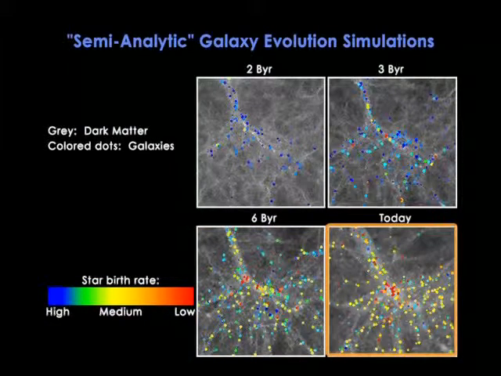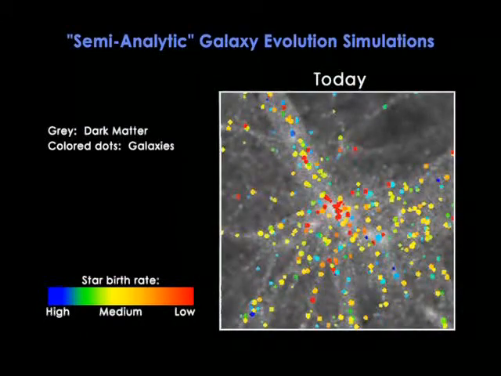And by today, we have a population of galaxies with lower overall star birth rates, they're more yellow and red, and the red galaxies, these will be the ellipticals, are found in the densest regions. So the model certainly seems to match two key results from previous lectures: the decrease in overall star birth rate and the tendency of galaxies in dense regions to be ellipticals.